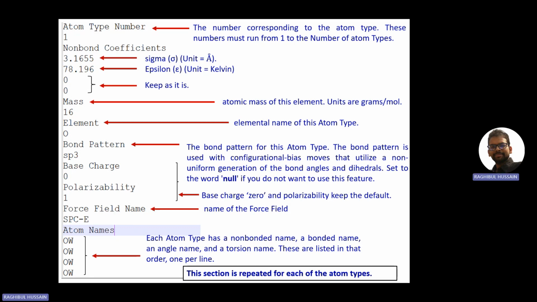We have the Boltzmann constant, KB, right? The Boltzmann constant is 1.3806 times 10 to the power minus 23 joule per Kelvin. Check the unit: joule per Kelvin.